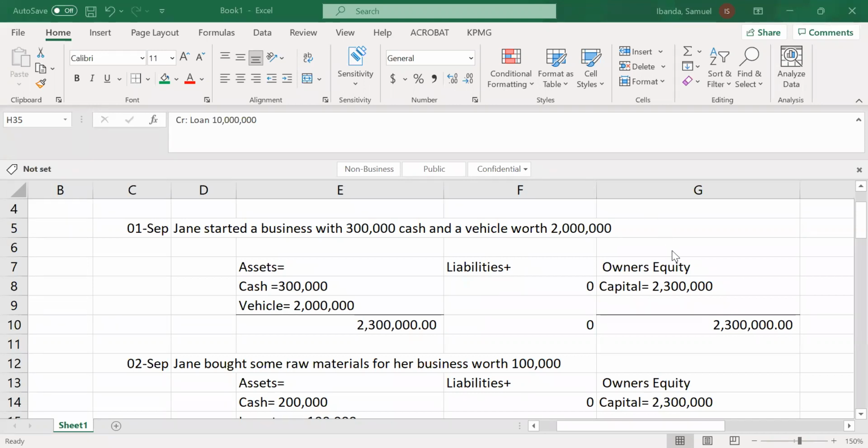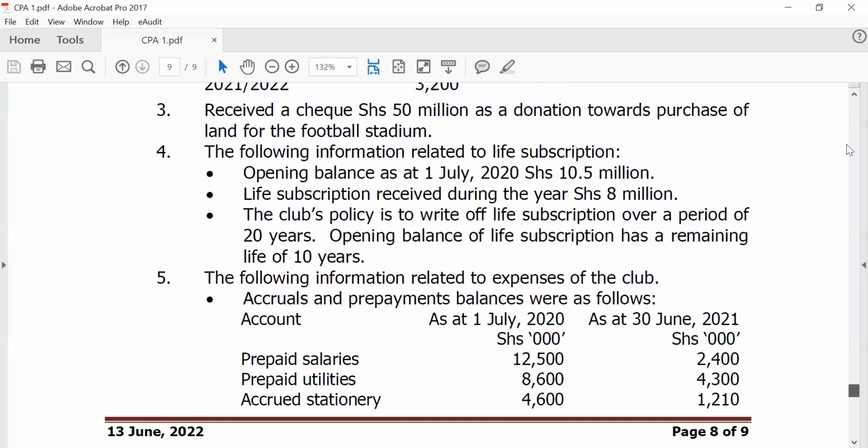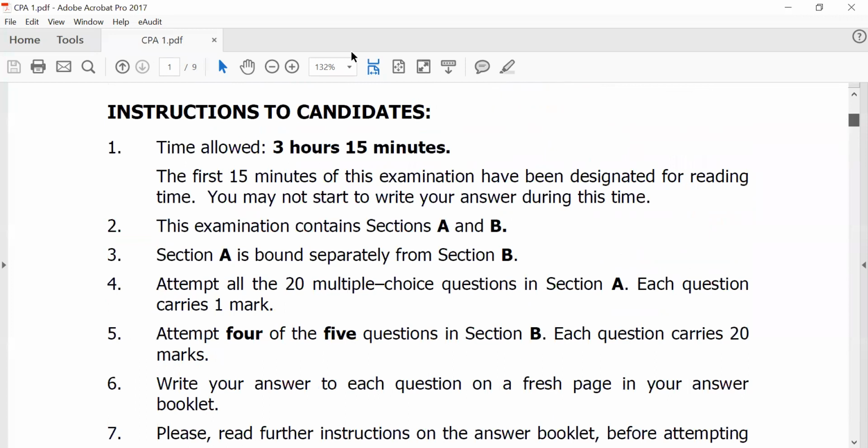So that is also one of the key things that I want us to work on as we proceed, as we understand the dynamics in terms of different topics, to get to an extent where we now can attempt examination questions, like what I'd shared earlier on here. We'll be able to tackle some of these questions so that you can get yourself much ready for the exam.